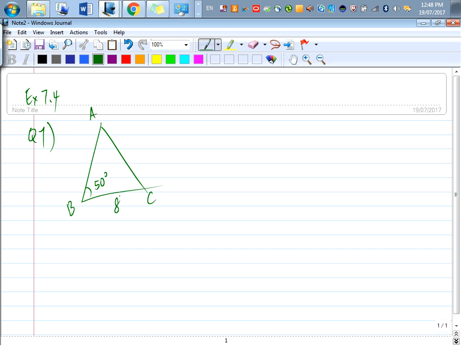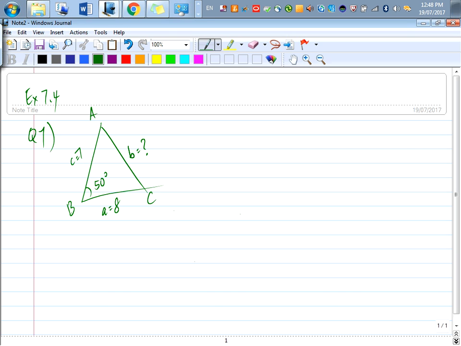BC over here, 8 cm. And how do we know? Because they said that this is small a. Okay, and we have said before, the angle, big A, will be opposite small a, which is the length. Then we have small c, which is 7 cm over here. And they ask us to find the side b. Okay, so this must be b.